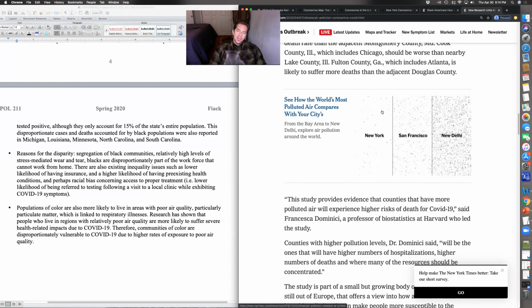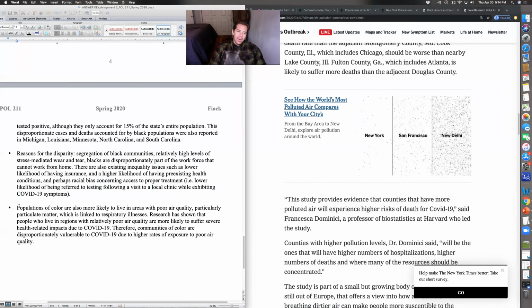But statistically speaking, and this article didn't speak about it, so many of you probably didn't say this, but I already know this from research, populations of color are more likely to live in areas with poor air quality, right? Are more likely to experience issues of environmental pollution, right? And one of those environmental pollutions is air quality problems.